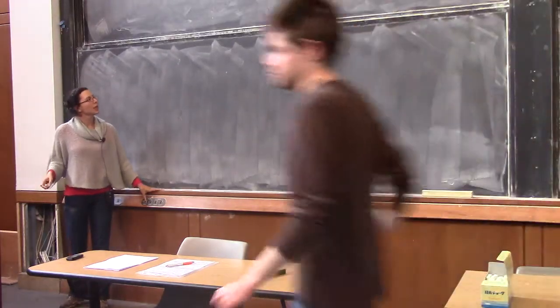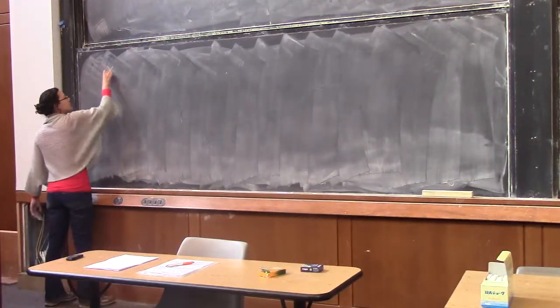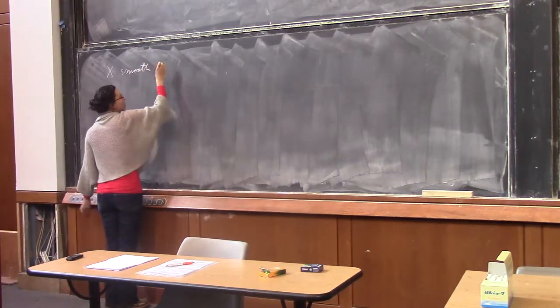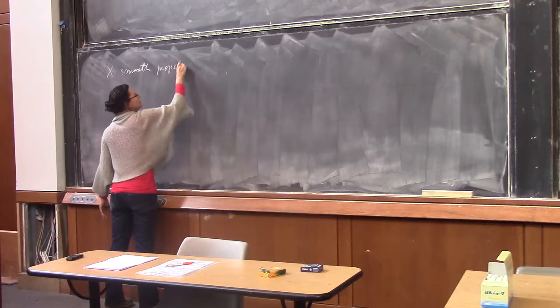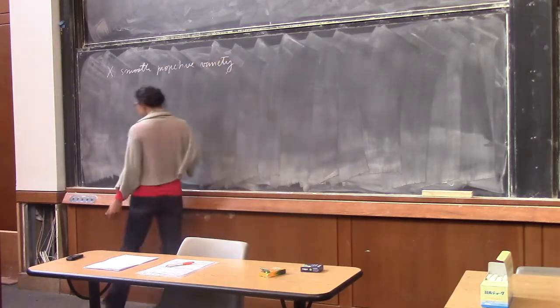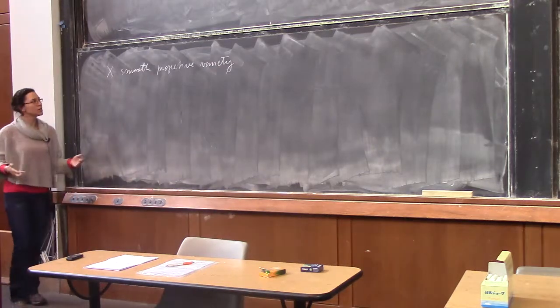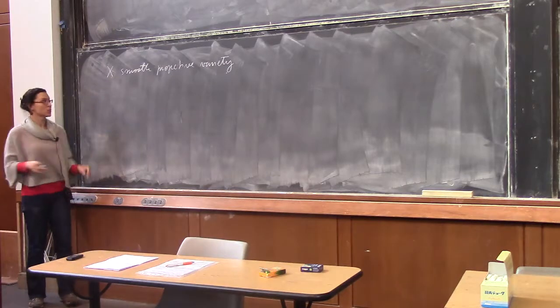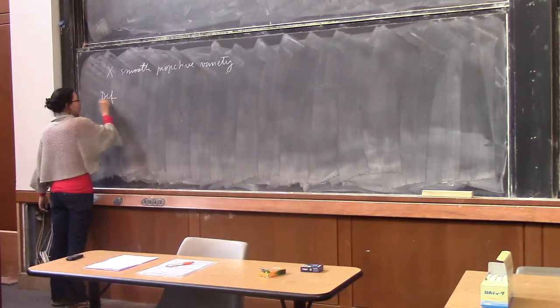So we will always be working on X, a smooth projective variety, complex projective variety. Even though some of our results hold, we have developed some theory for singular varieties as well. So let me start by defining what a foliation is.